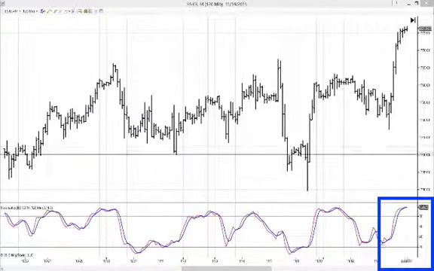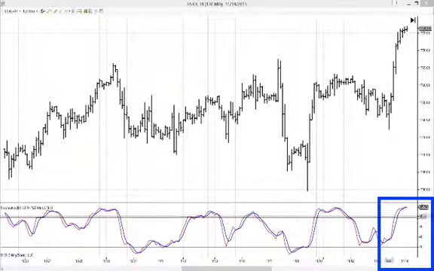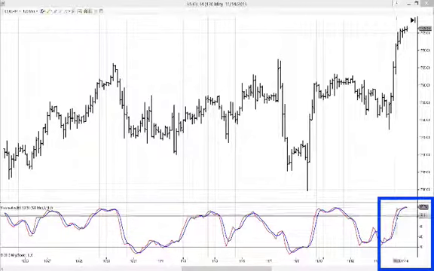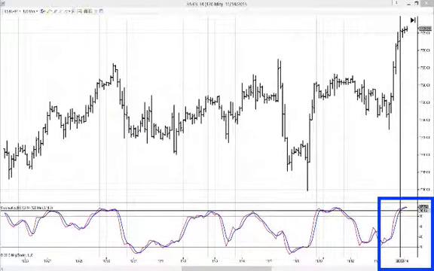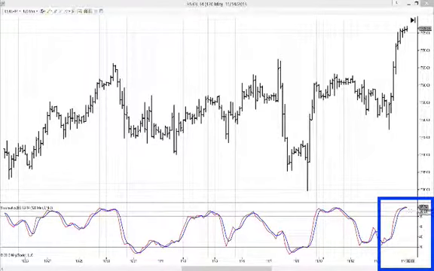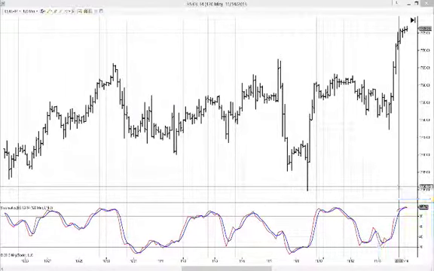Suppose that we are right here, okay, and we see that a stochastic is already in the overbought zone. Well, based on the fact that it's an oscillator, we know that it should be coming down now. So let's say that we sell here, and let's see what happens.